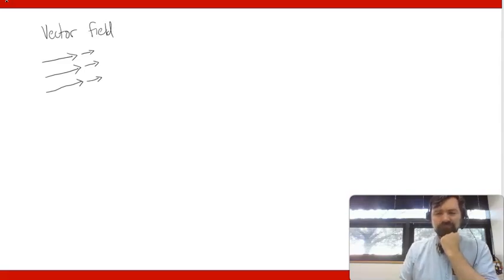So for example, maybe you want to have a vector field to map out for an object how much force is going to be applied to the object from gravity. So you've got a planet somewhere, let's say right here, and now you have an object, and you place the object right here.